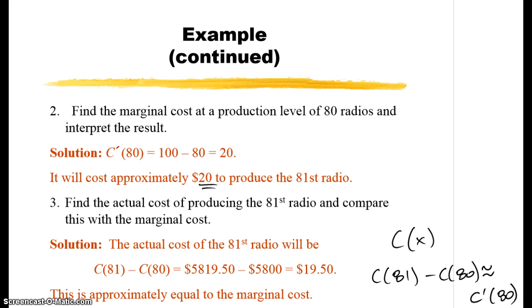So we got $20 one time, and using the actual formula, we got $19.50. So you could see why the derivative is helpful here. It's a very good way to approximate how your cost will change by producing one extra item, the next item, the 81st radio in this case. That's where it's used in marginal analysis.